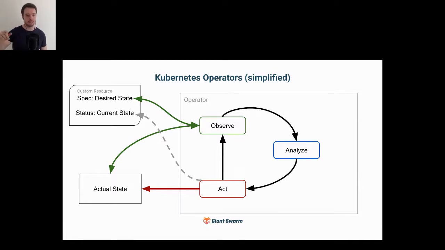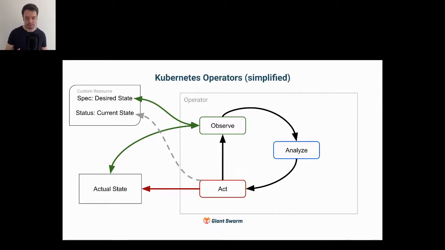Every 30 seconds or so, it will look at every custom resource and go through the cycle for every single custom resource. And it will compare again to check: did anything change, or does it need to change anything additionally? Very, very important as well. Additionally, if the custom resource is changed, so if a user edits the custom resource, we also get, through this green path, an event which triggers a new observe step for the operator.